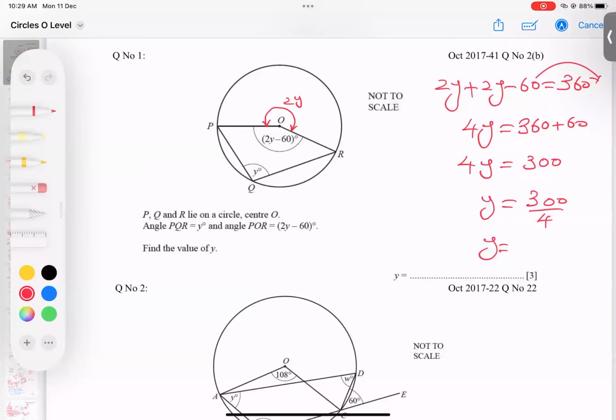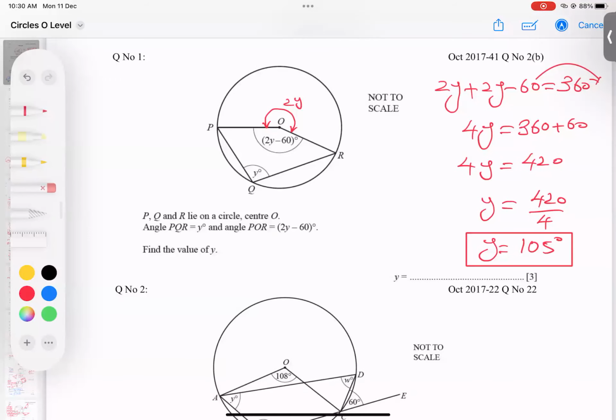Sorry, this is a plus, so it will add: 360 plus 60 becomes 420. So 420 divided by 4 gives 105. Y equals 105 is my answer. Alhamdulillah Rabbil Alamin, this is done.